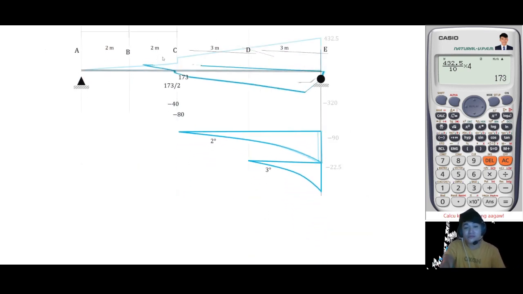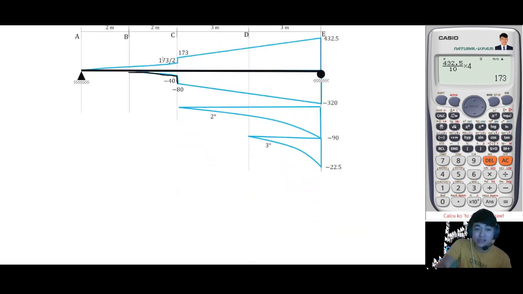Okay, so now let's solve the reaction at A, vertical, AV. Take note that the reaction here is not the same as the reaction of the real beam.